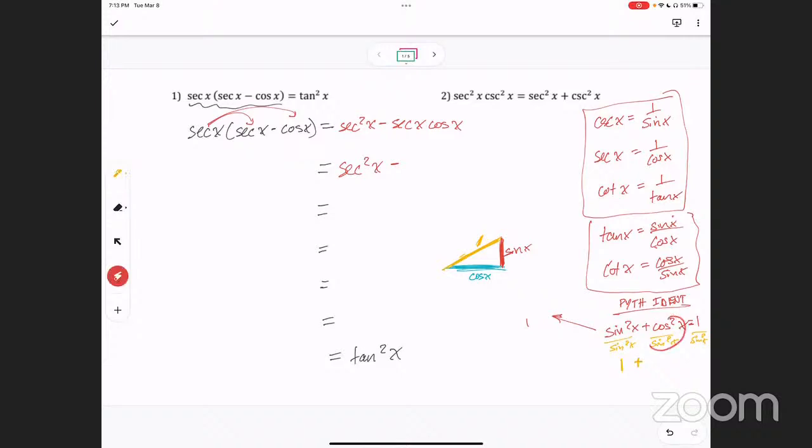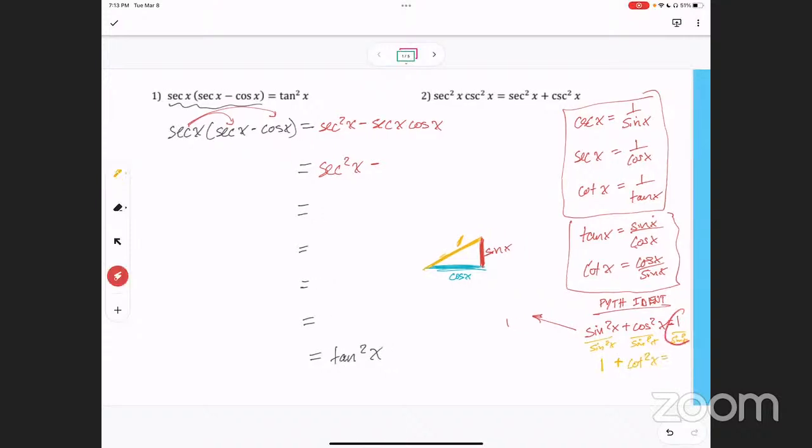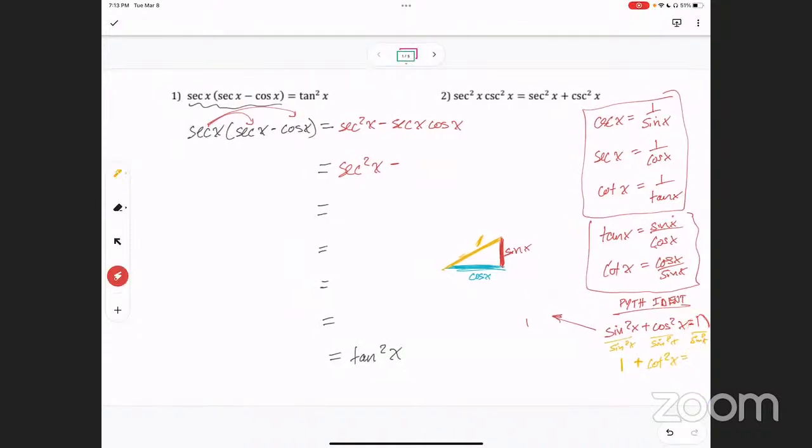It's cotangent squared. Do you see it? And what's 1 over sine squared? That would be cosecant squared. Do you understand? So do you see how you didn't even really have to memorize that? You could just create it by doing that.